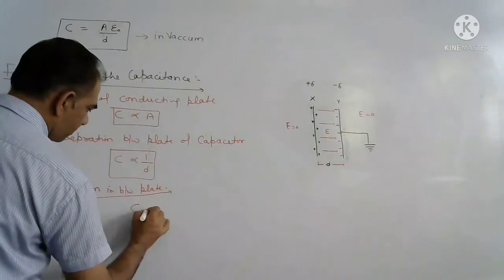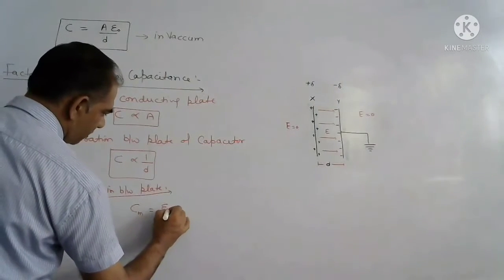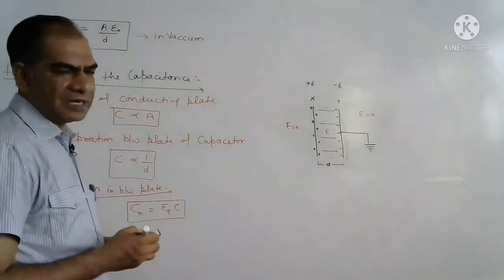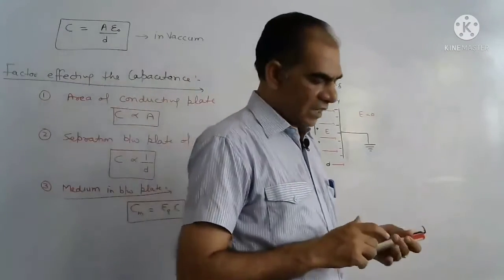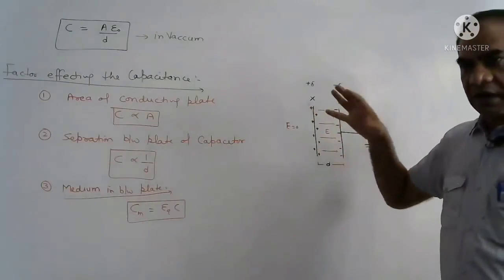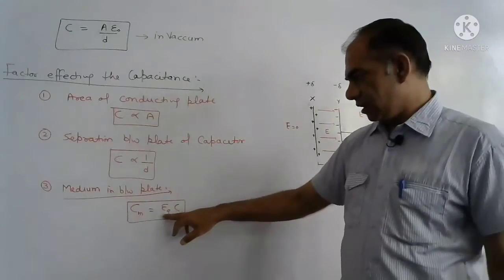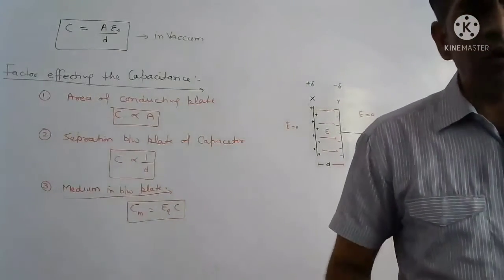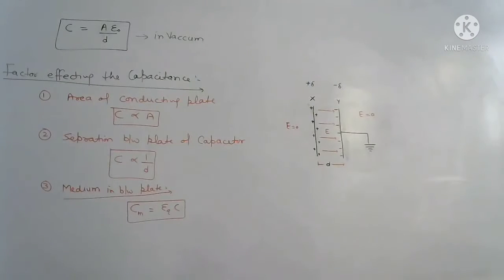In the presence of a medium, it becomes epsilon R times this C. So as we increase the value of epsilon R, meaning we introduce a medium which has a high value of epsilon R, the capacitance of this capacitor in the presence of this dielectric medium increases.